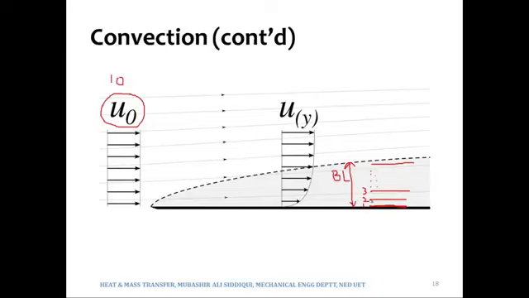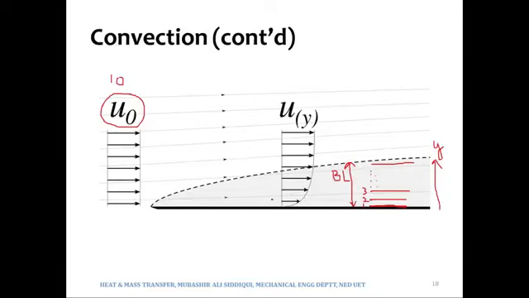So if we are moving away from the plate, then the velocities of the layers of the fluids will keep on increasing. If we call this the y direction, and we move in the y direction, then the velocity will change in y.